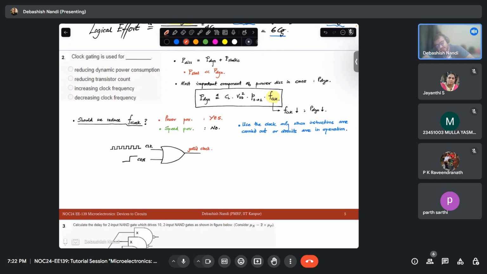So what is happening basically, let's say this is your clock signal. Now let's say your control signal is something like this.